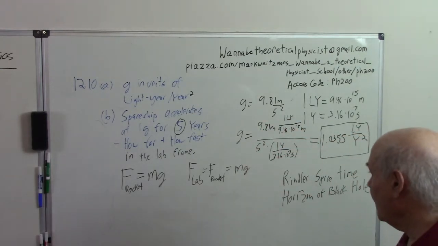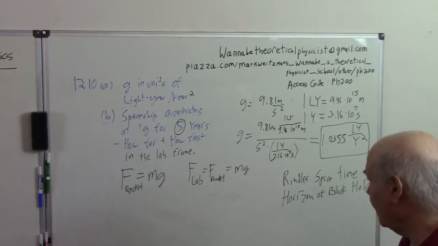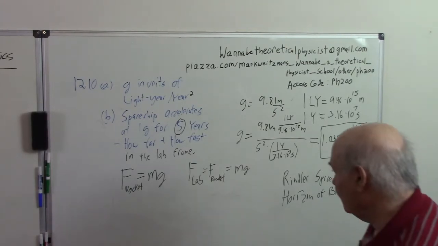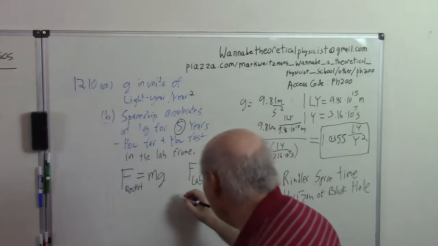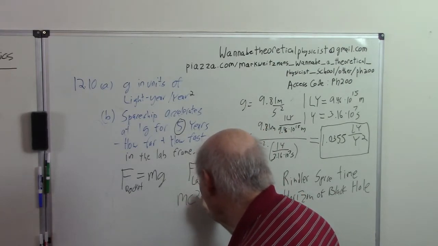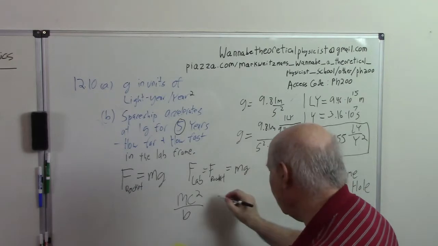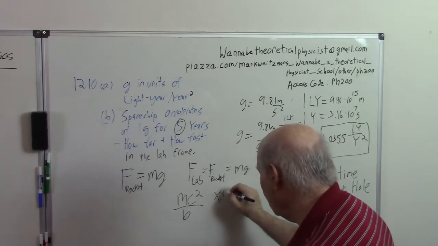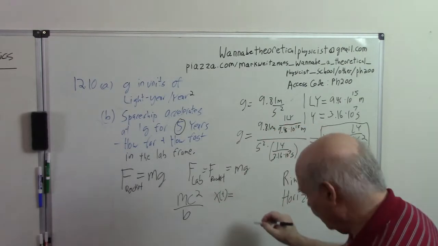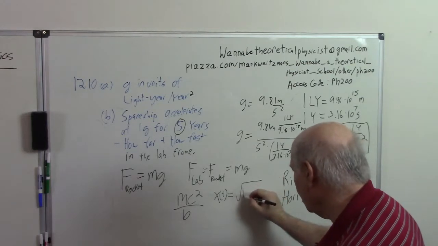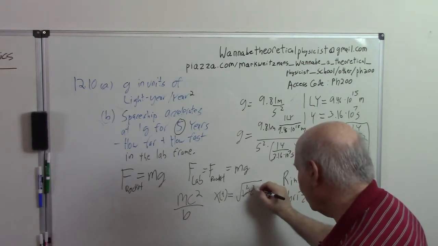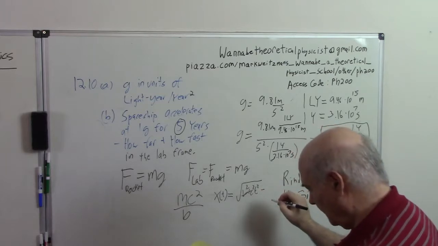And the problem we did last time, we know the solution for a constant force of mc squared over b. We know that x of t is equal to the square root of b squared plus c squared t squared minus b.